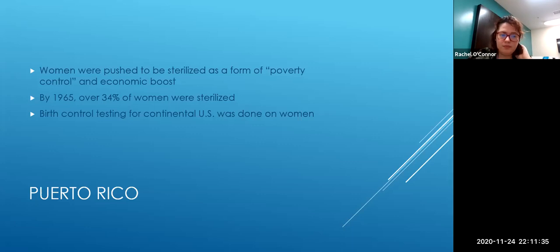The other thing, if we're looking at reproductive rights in Puerto Rico, is that a lot of women were the guinea pigs for birth control testing, to make sure birth control was safe for women on the continental US.